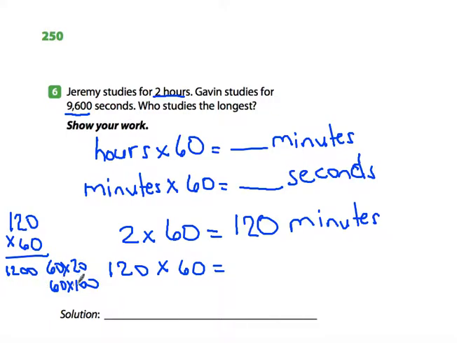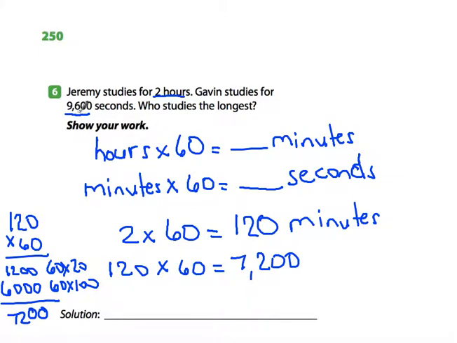So it's 6 times 1 is 6, and then add my zeros. And then I add 0 plus 0 is 0, 0 plus 0 is 0, 2 plus 0 is 2, and 6 plus 1 is 7. So Jeremy has studied for 7,200 minutes.